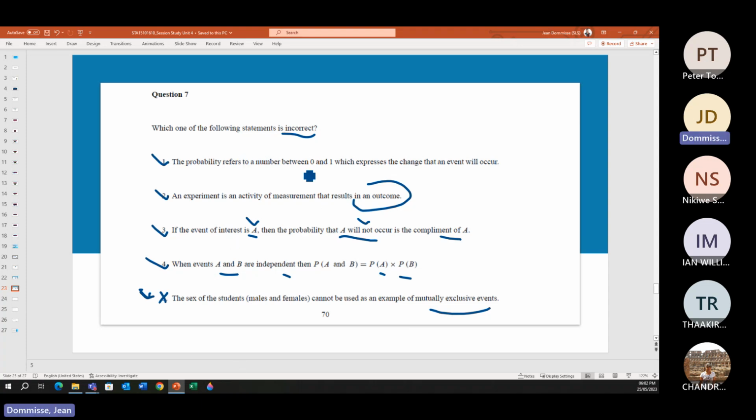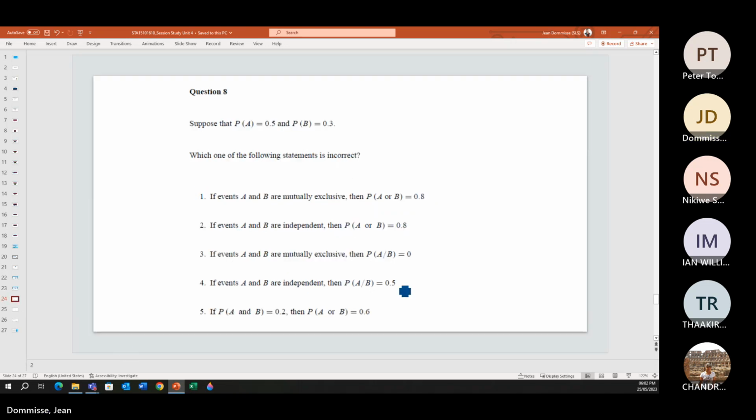Okay, a definition question that tested mutual exclusivity, independence, complement, the 0 to 1, and then also nearly what is an experiment. They could have asked you what is the event. They could have asked you any of the other types of definitions in here, but it nearly tested all of the things that are important.